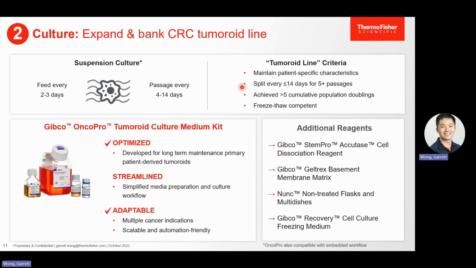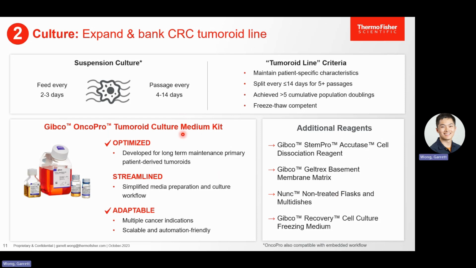These cells need to be actively dividing, so they need to be split at least every 14 days for at least 5 passages. These cells also need to have achieved at least 5 cumulative population doublings, and they also need to be able to go through freeze-thaw cycles. For this third one, with the 5 cumulative population doublings, that's within the passage.